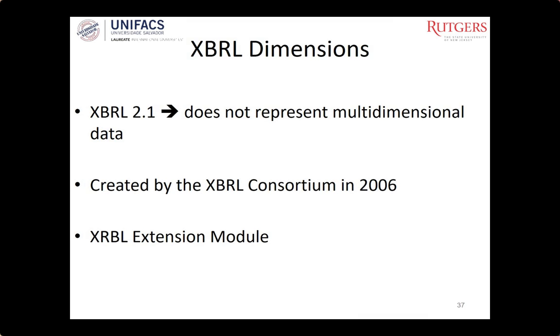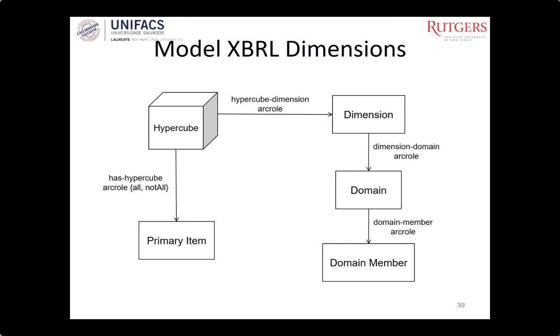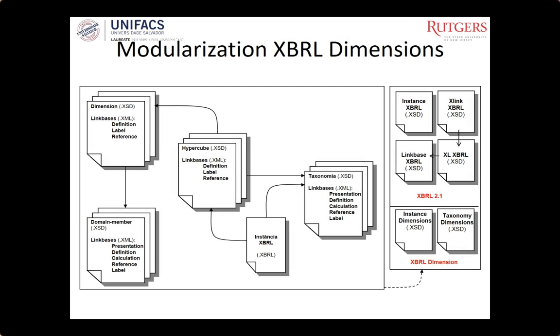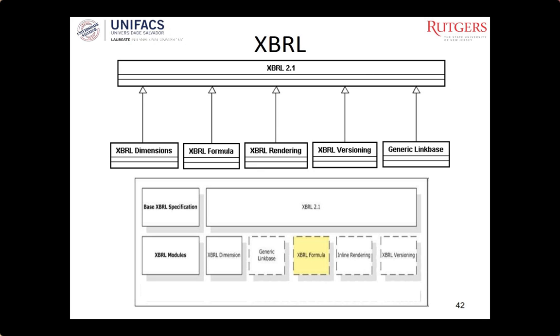Past here, I don't talk about dimension. Dimension is a module, another specification. Here is the dimension specification that connects with the XBRL. Formula is a specification. Here is the specification 2.1 and the modules of XBRL.